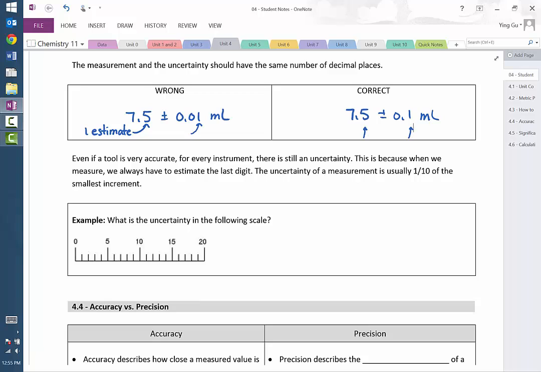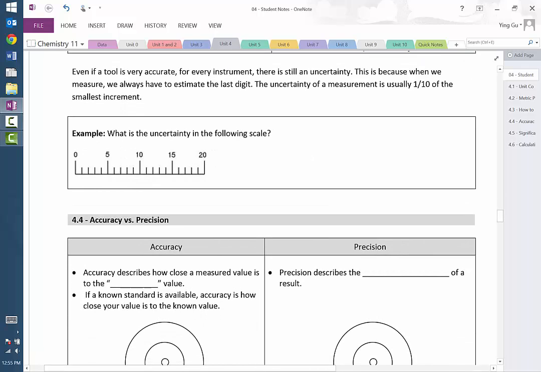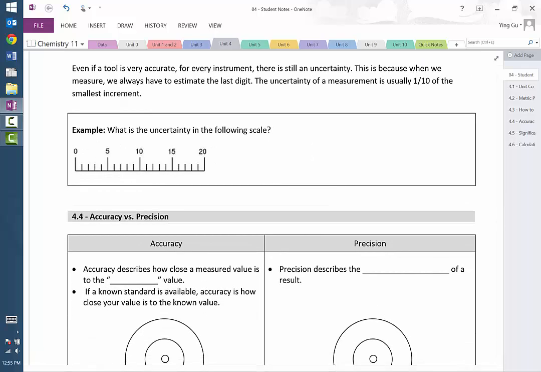So for example, in this scale, what is the uncertainty going to be? If you're very good at measuring, we can look at the smallest increment. The smallest increment happens to be 1. So 1 divided by 10 is 0.1.